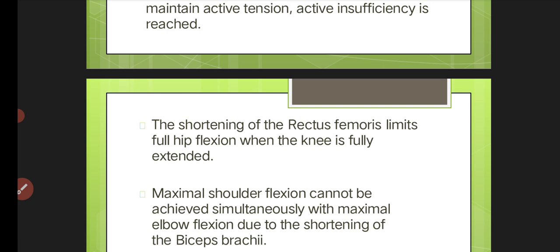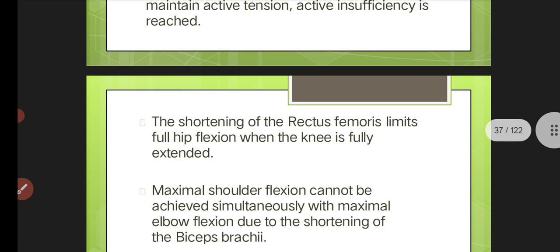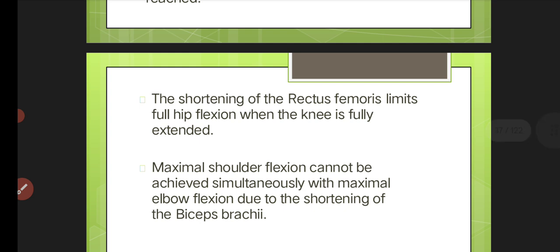When you are doing full hip flexion while the knee is also extended, the rectus femoris limits the hip flexion. Similarly, maximal shoulder flexion cannot be achieved simultaneously with maximal elbow flexion, due to shortening of the biceps brachii.